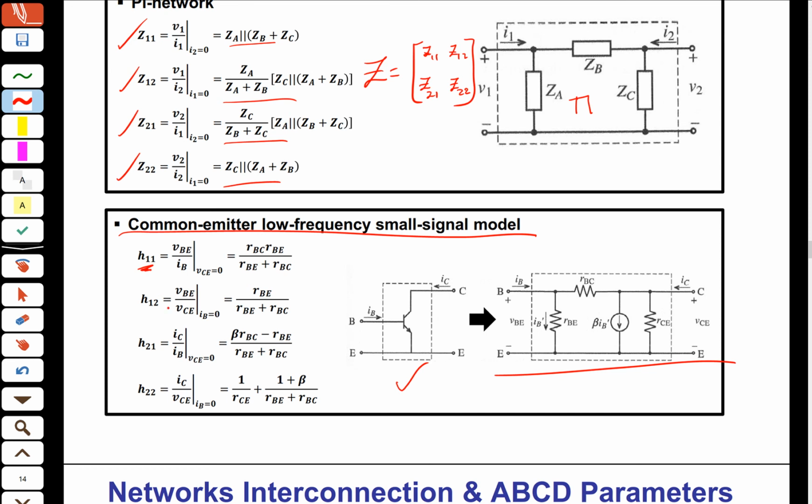What's the relation between VBE and VCE, which is the reverse gain? Then the relation between IC and IB, which is the current gain, and then the relation between IC and VCE, which is the inverse of the output impedance.